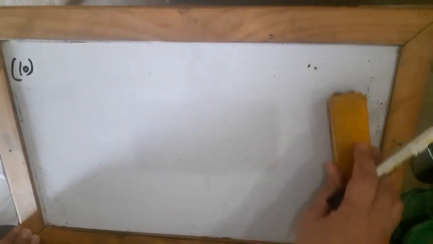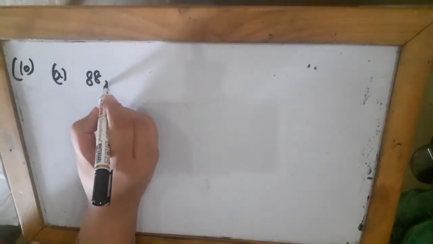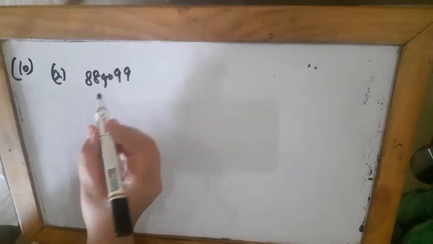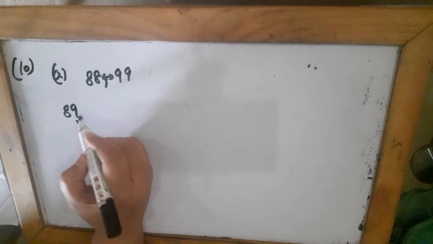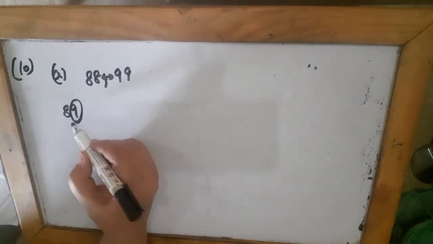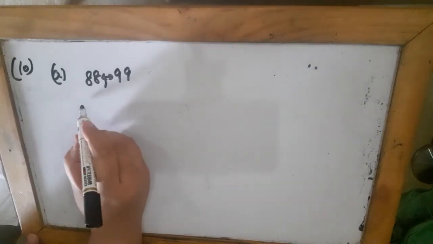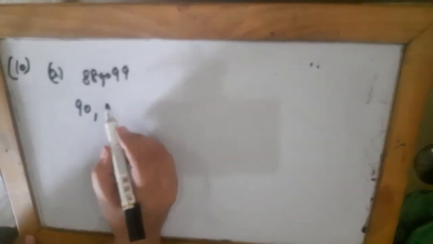So these are even and odd numbers. Even numbers are the multiples of 2, they are divisible by 2, and odd numbers are not divisible by 2. So A part says write the even numbers between 88 and 99. Between these two numbers I have to find the even numbers. The next number, 89, has 9 at the end, so this is odd. After 89 comes 90, with 0 at the end it becomes even.